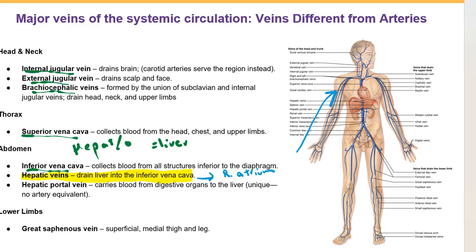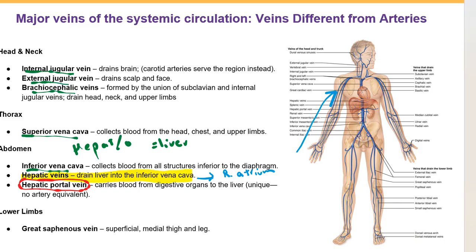Okay. But there is another vein which is called hepatic portal vein. It is related to the liver as we have hepatic, but this one is portal vein. So hepatic portal vein is a unique vein carrying deoxygenated blood, but blood full of nutrients.